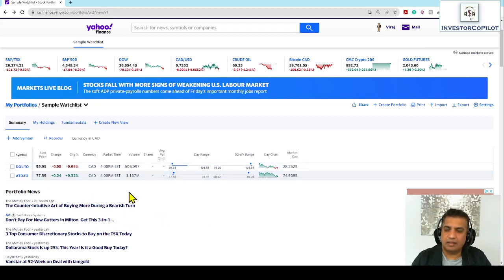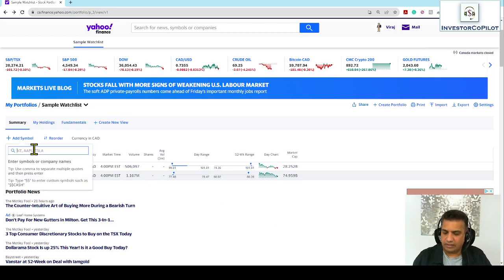It is somewhat leveraged. They have debts, but they're keeping up with their profits in such a way that they're servicing their debts and doing very well. So Dollarama is also something that I would definitely recommend for your portfolio. So keep an eye on that as well. This is the 52-week range. 28.25 billion is the market cap, and some more information is here.